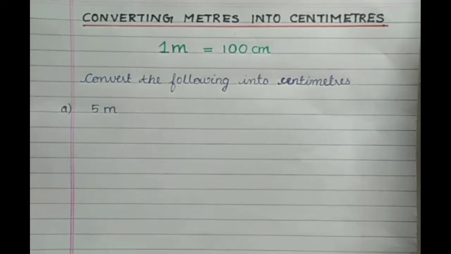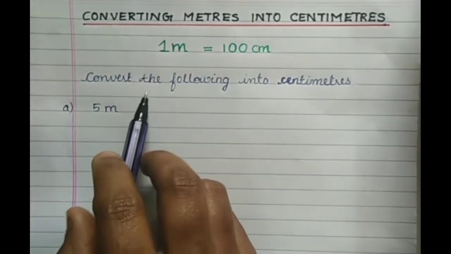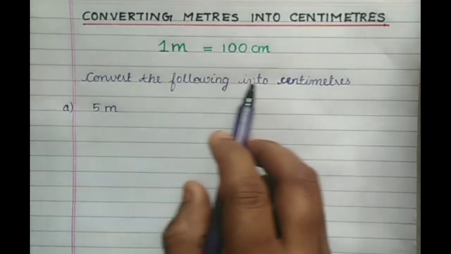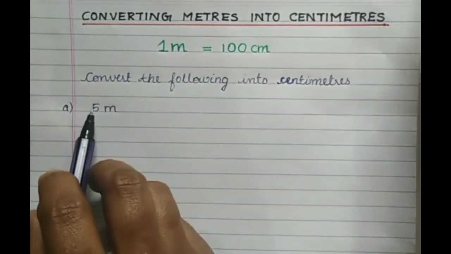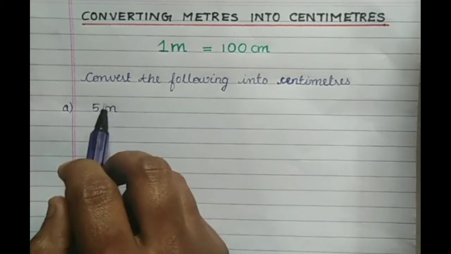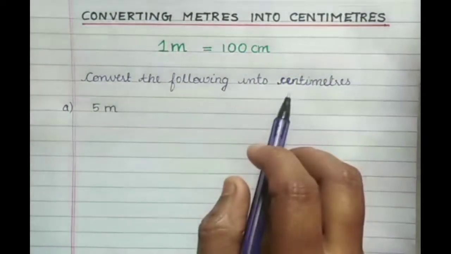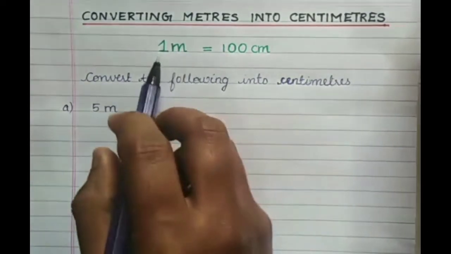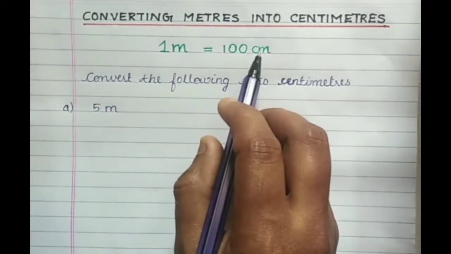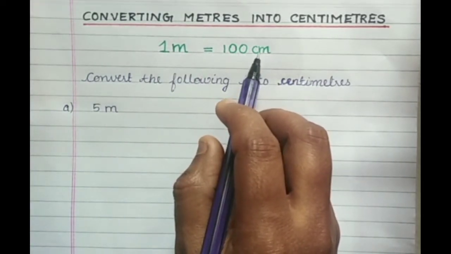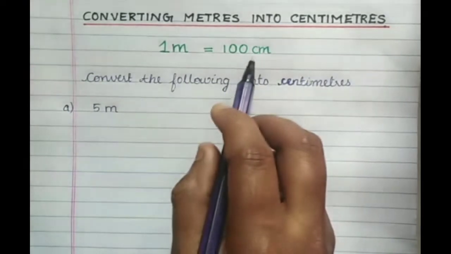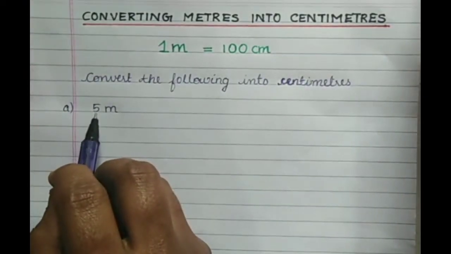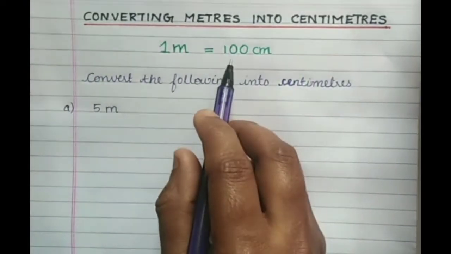To make the topic more clear, let's take some more examples. Convert the following into centimeters. Here we have our first question, 5 meters. Here we should convert 5 meters into centimeters. Children, we learned that 1 meter is equal to 100 centimeters. So to convert meters into centimeters, we should multiply the number of meters by 100.